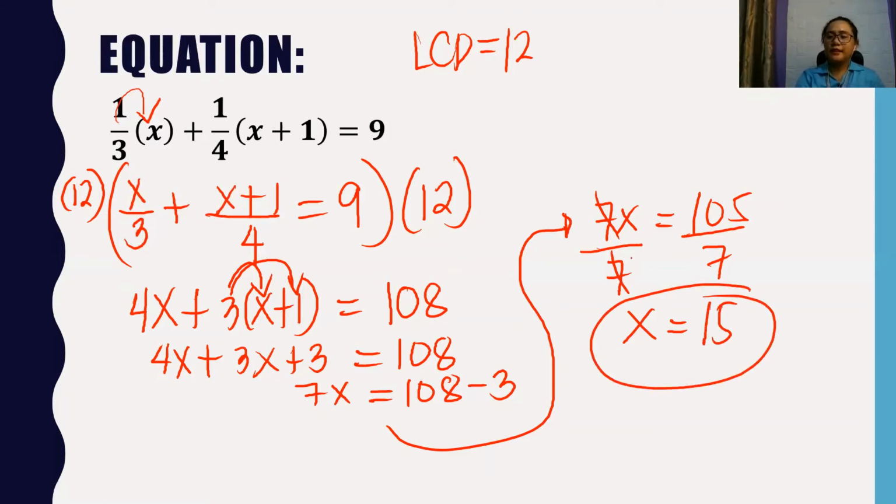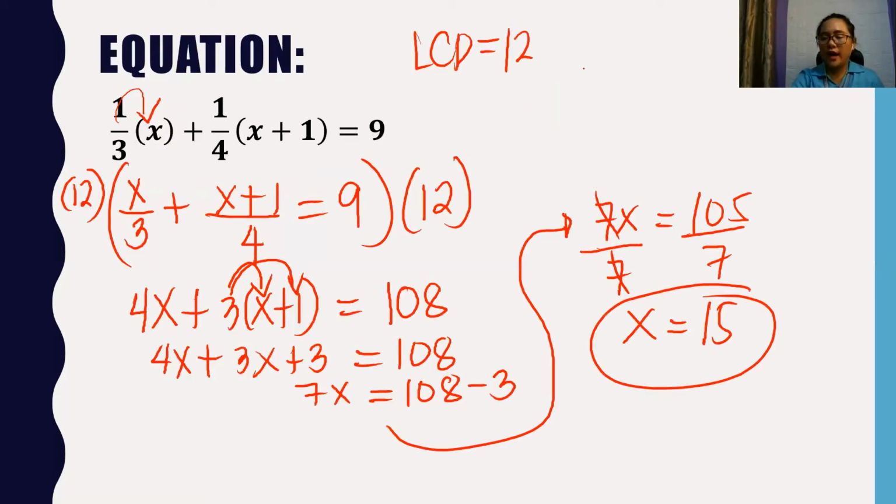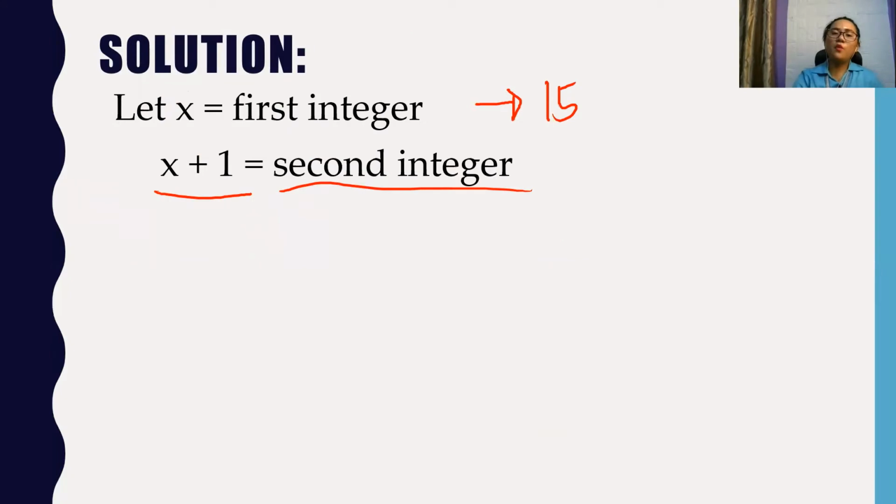Ngayon, ang sabi natin kanina na si first integer daw ay x only. Therefore, yung first integer natin ay equal to 15 kasi yun yung value ng ating x. Ang pangalawang integer naman kasi ang hinahanap yung dalawang integer.